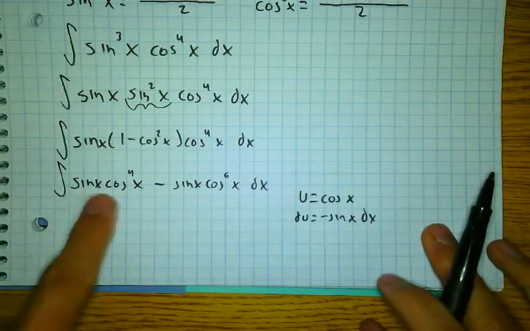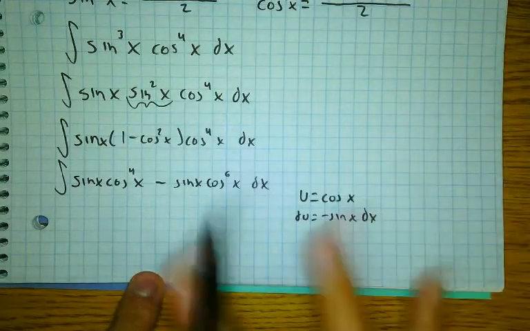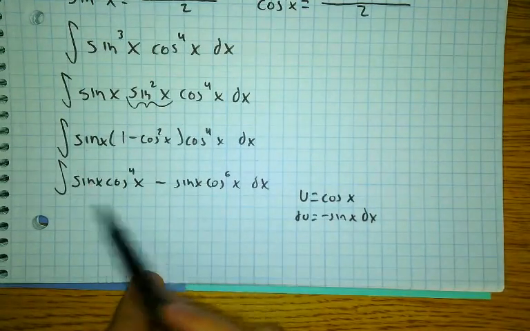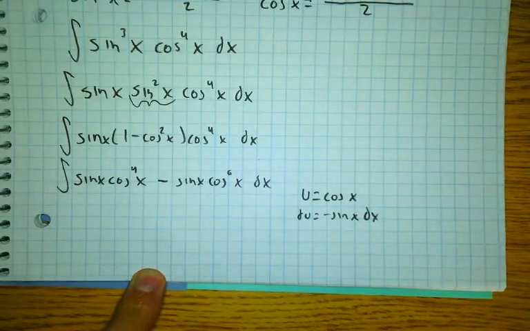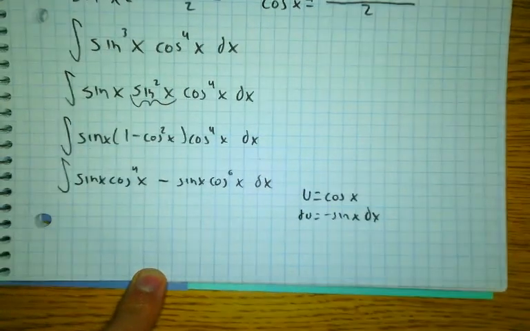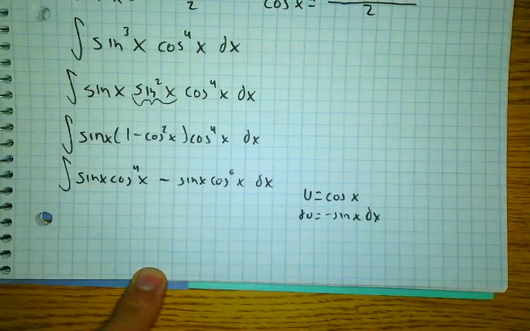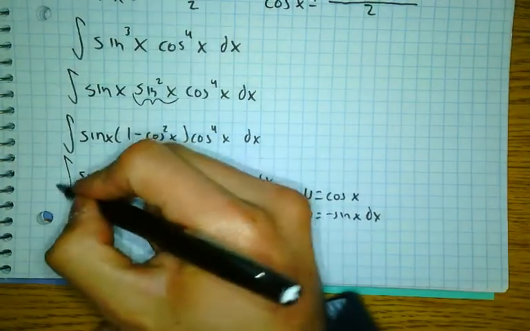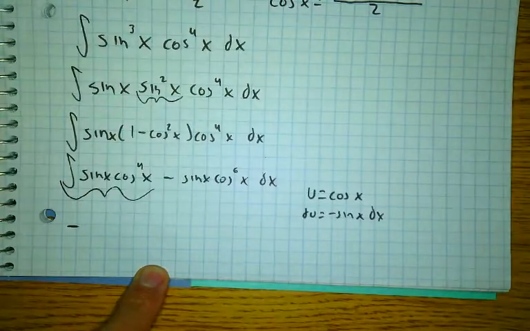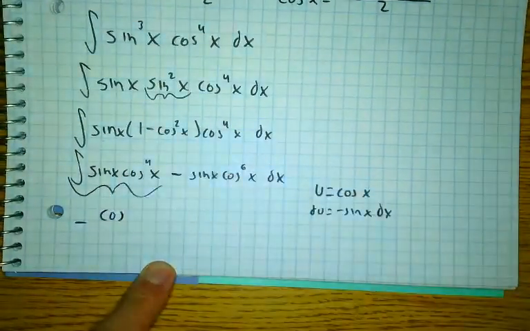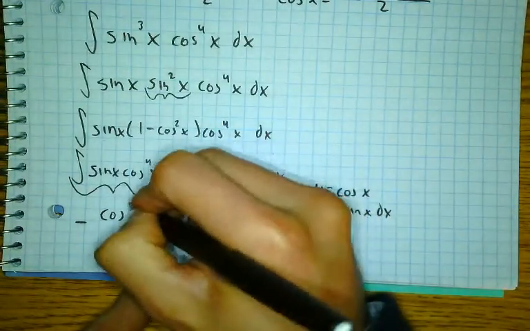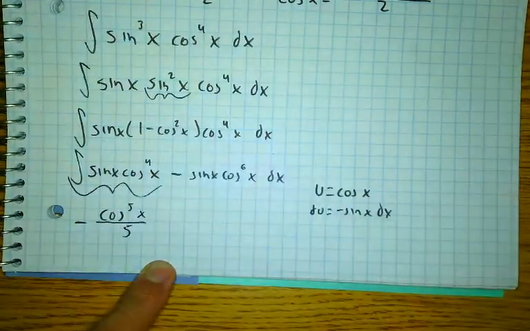So what is the integral here? Well, if we use u substitution, I'm not going to show all the work. We know that this technically just became u to the fourth power, right? If I integrate that, that gives you u to the fifth over 5, with a negative up front because I need a negative. Agreed? So this right here becomes negative cosine to the fifth power over 5.